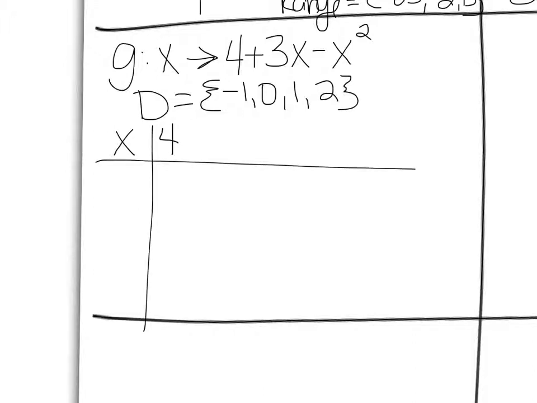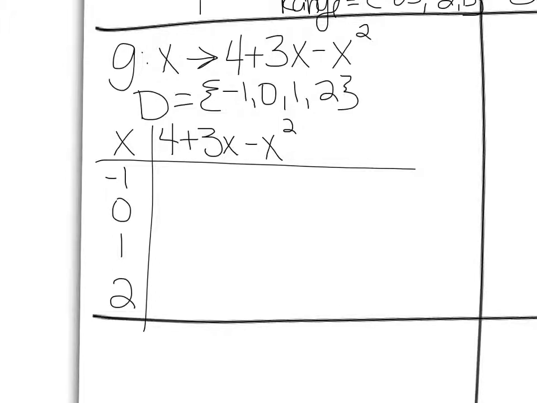So if I make a column for my domain, and then I fill in my rule, my values of x, I have 4 of them in my domain. Okay, if I start by plugging -1 in for x, you have to be really, really careful because x is in 2 different spots. There's an x by the 3x, and then there's an x squared. You have to plug -1 in both places.